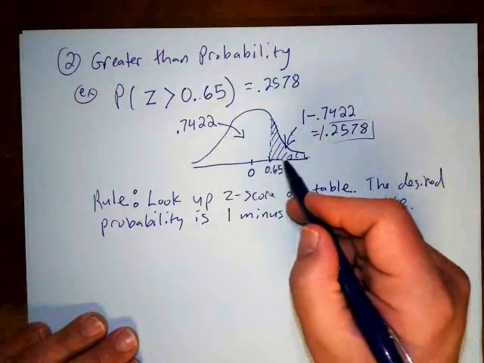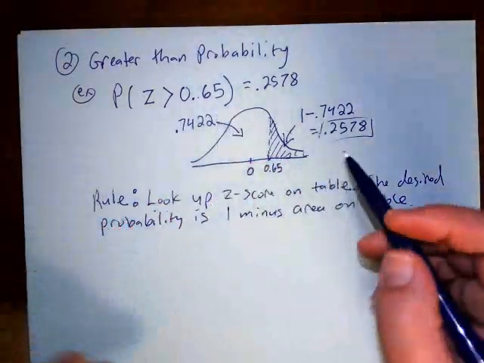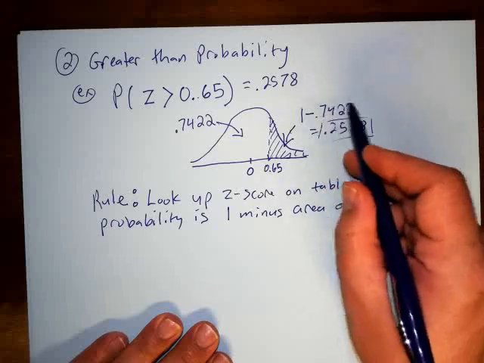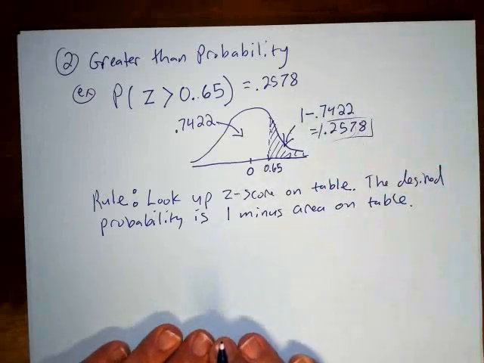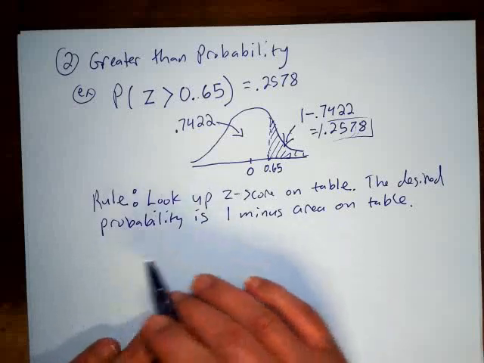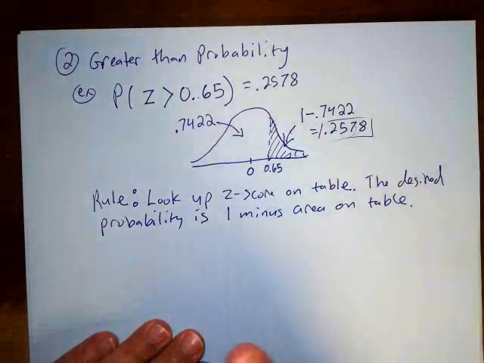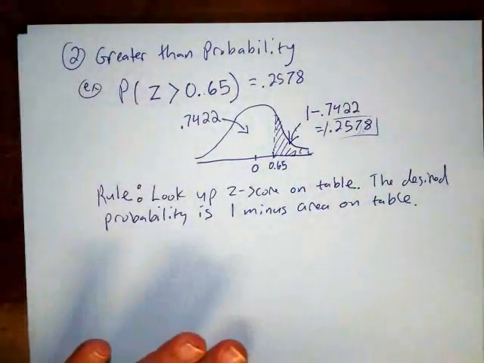So you look up the z-score on the table to get this, and then the desired probability is 1 minus that. And so that is the second case, greater than probability. So the first case, let's just quick review here.